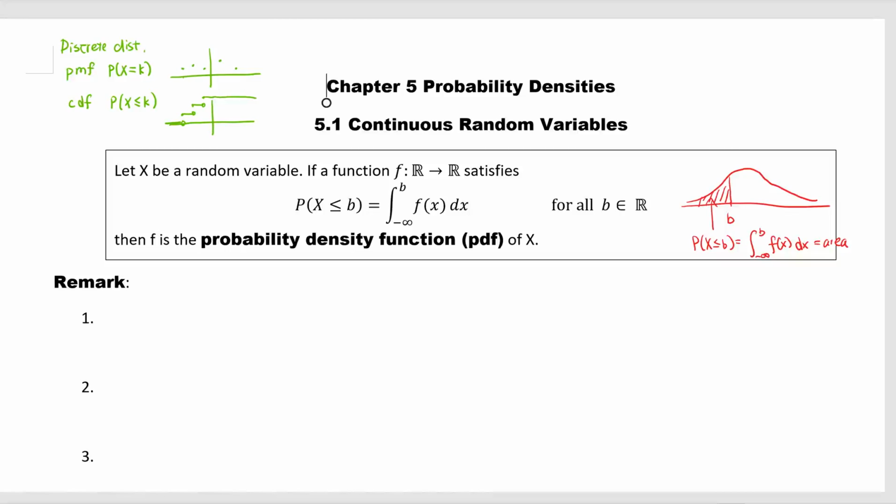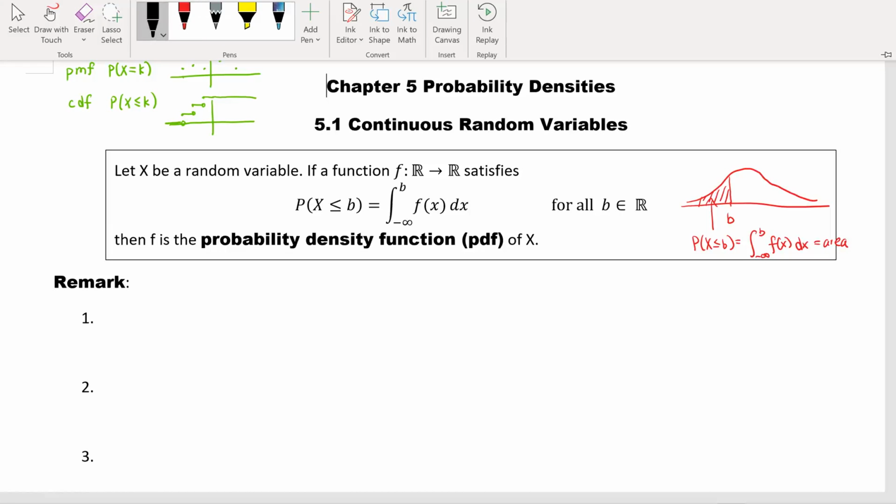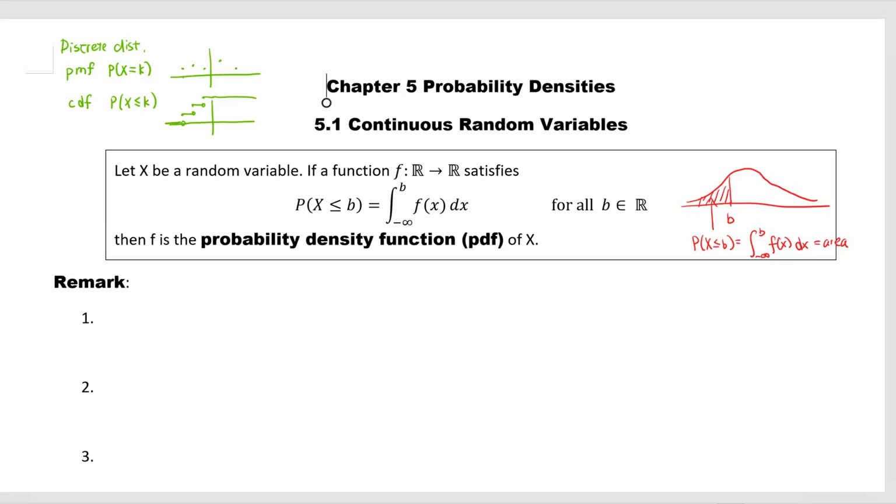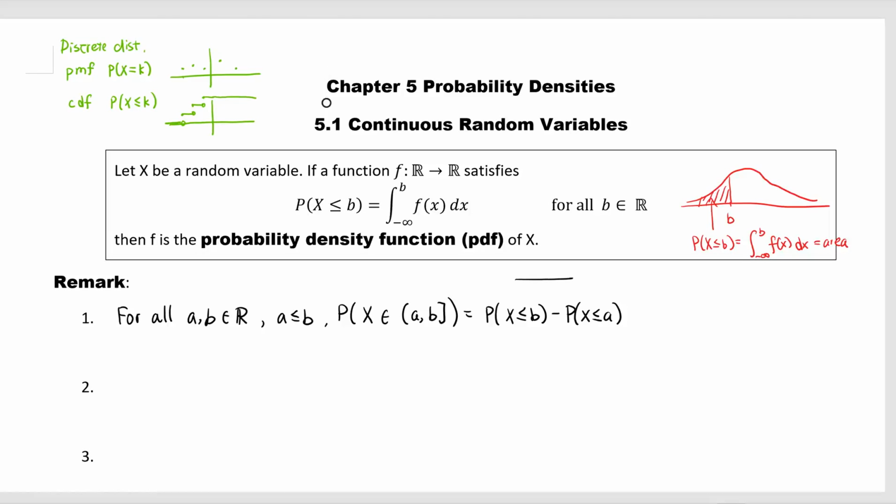All right, here are some remarks. First, for all a and b that are real numbers, suppose a is less than or equal to b, then the probability of X in (a, b] is the probability of X less than or equal to b minus the probability of X less than or equal to a, right?